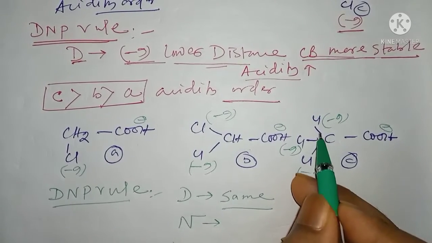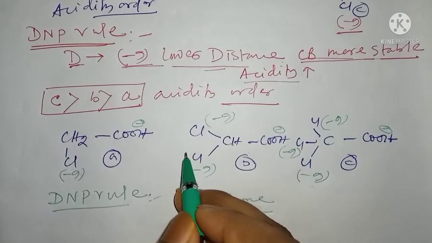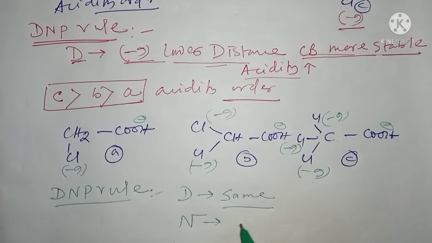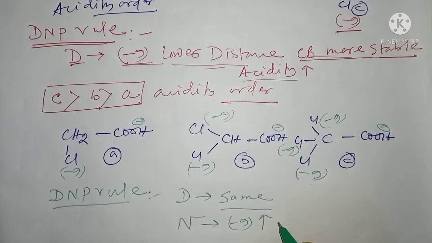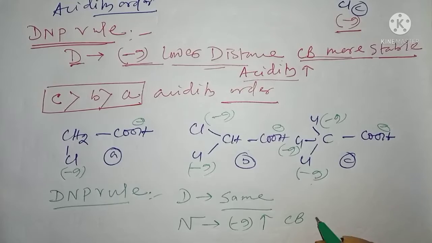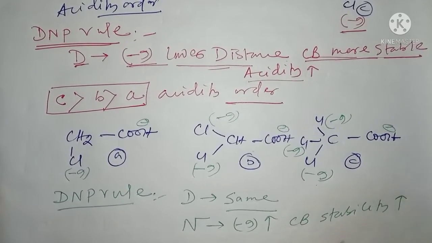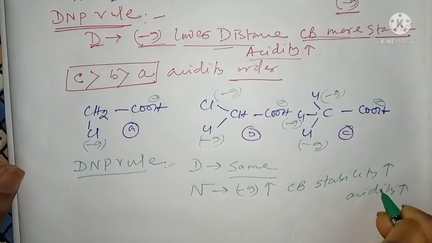This is 3 Cl, 3 minus I effects, this is 2 minus I effects, this is 1 minus I effect. So as the number of minus I effects increases, conjugate base stability increases, and acidity increases.